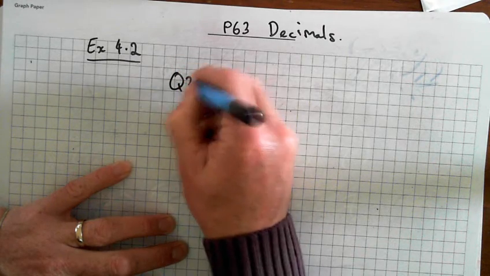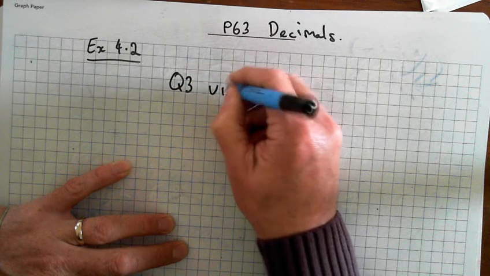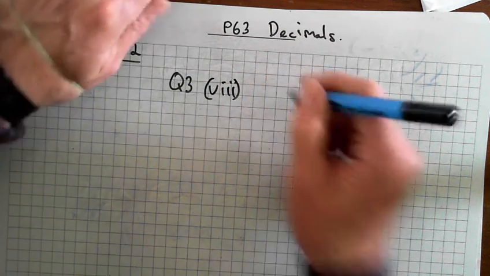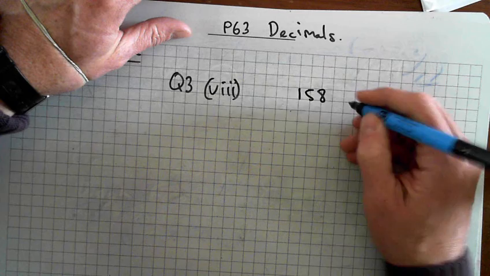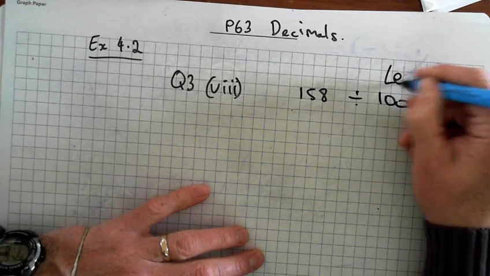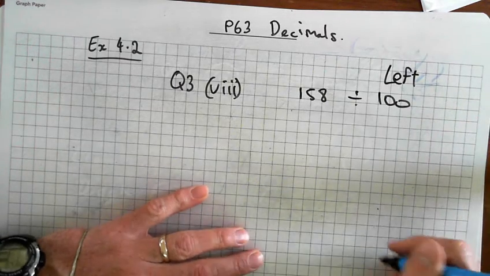Question 3 part VIII. 158 divided by 100. Dividing means move the decimal point left.